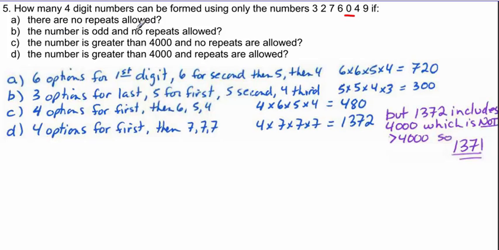If we look at the number being odd and no repeats allowed, the key here is to recognize that my four-digit number, the first key piece of this is that the number has to be odd, meaning that this spot has to have an odd digit. I have the 3, the 7, and the 9 available, of course, so that means there are 3 possibilities for that number.